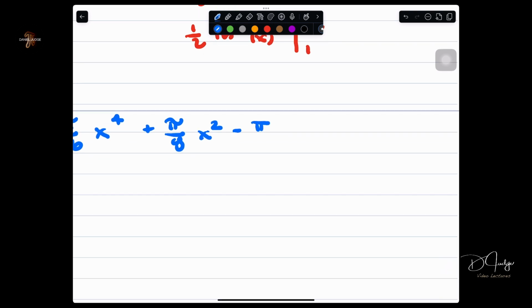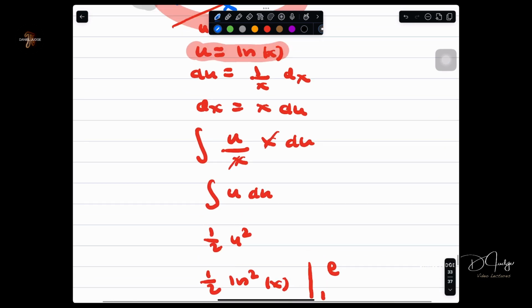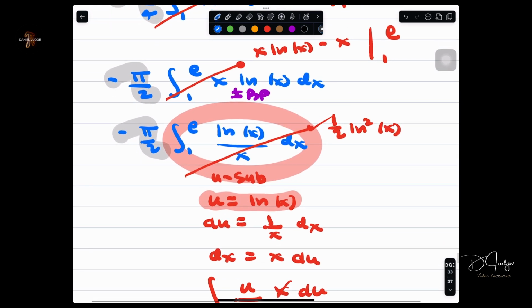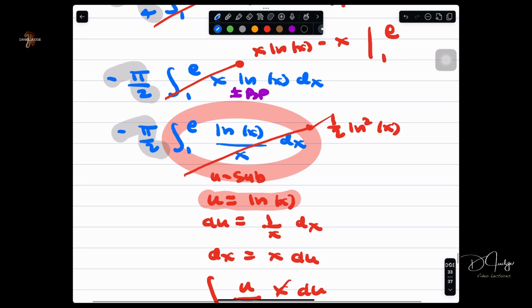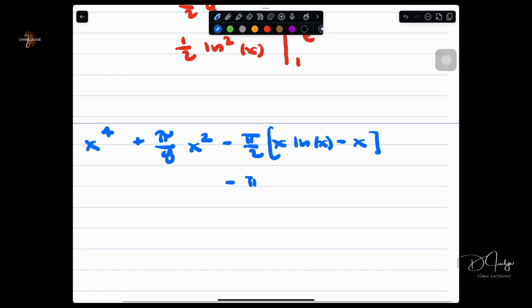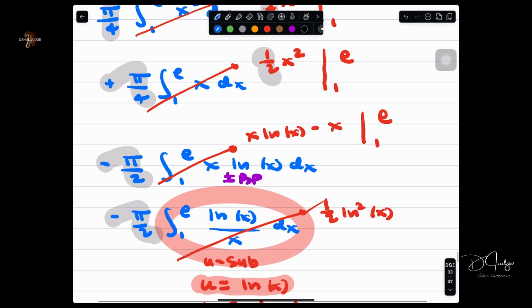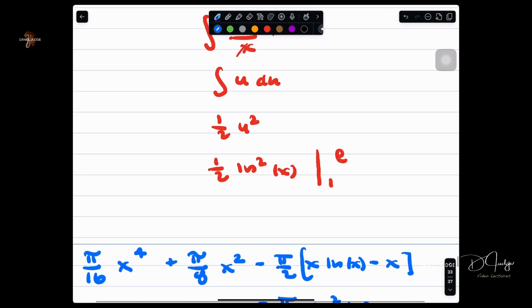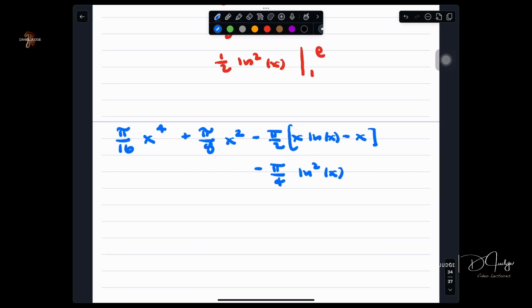So minus pi over 2, x ln x minus x. And then finally minus pi over 2 times the 1/2. That's minus pi over 4. Natural log squared x. And we're going to evaluate this all here from 1 to what? 1 to e.